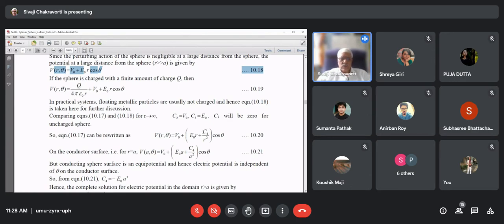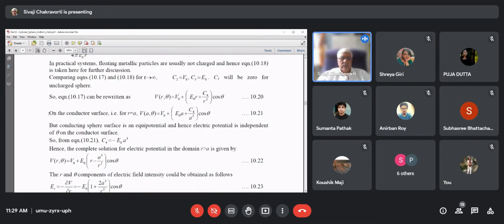Now, we know that a conducting sphere surface is equipotential. So at all values of theta, the potential must remain same. That means when theta varies, this second term should also be 0. But how is it possible?